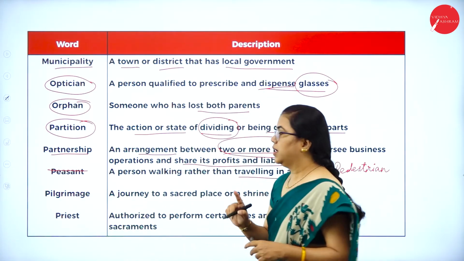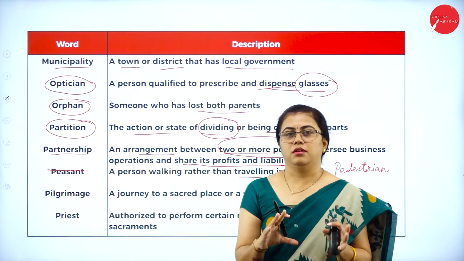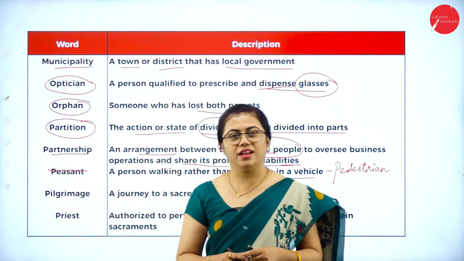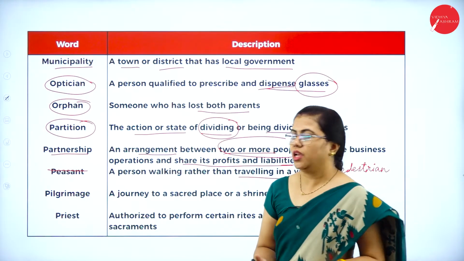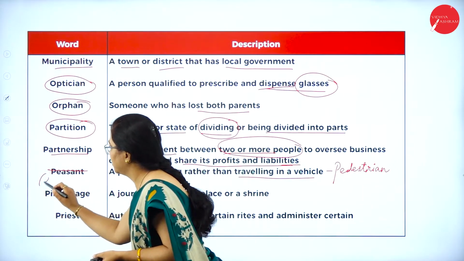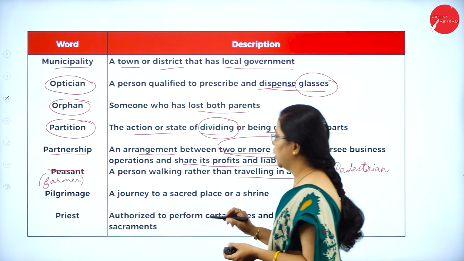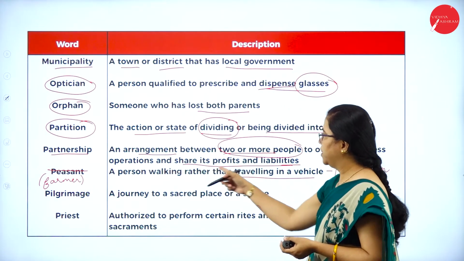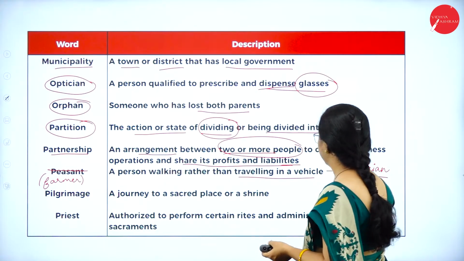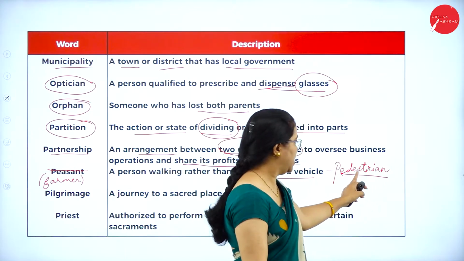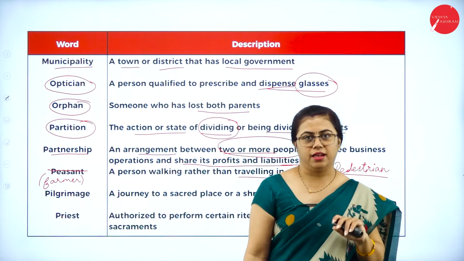Peasant is nothing but a villager kind, a person who works in the field, more or less like a farmer, you can say. Okay, a peasant is a farmer. So just make a small correction. Peasant is a farmer and person walking rather than traveling is called as a pedestrian. Note the spelling. It is not R-A-I-N, it is R-I-A-N, pedestrian.